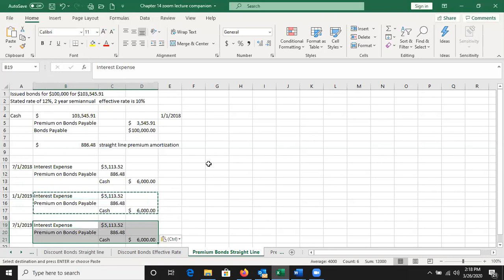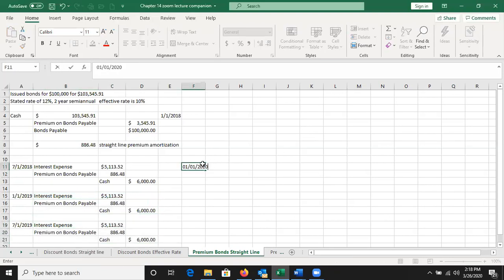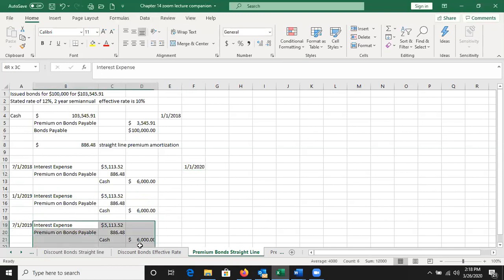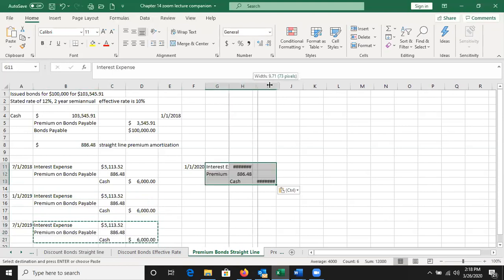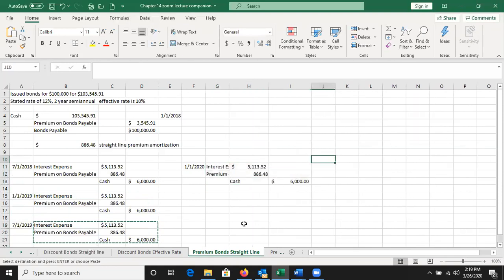And then the fourth payment would be January 1st, 2020, same entry. I just hit Control V. So again, because they're semi-annual and they're only for 2 years.